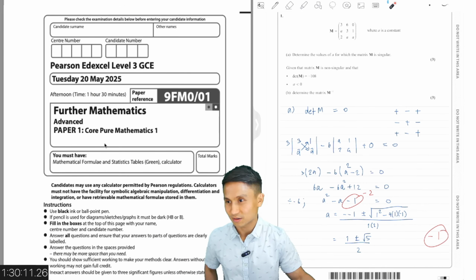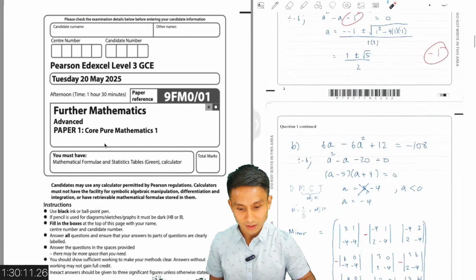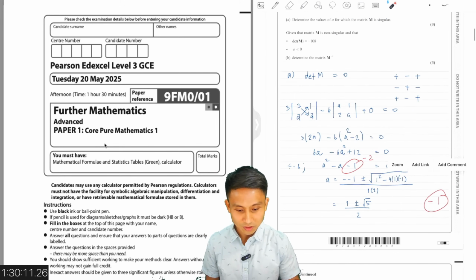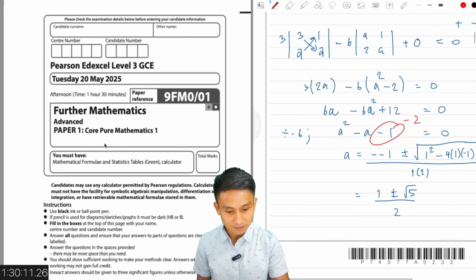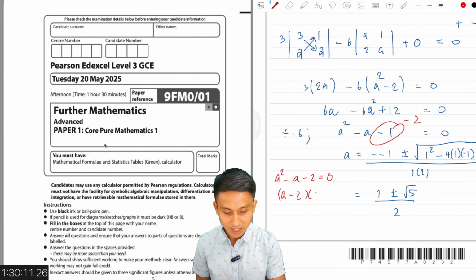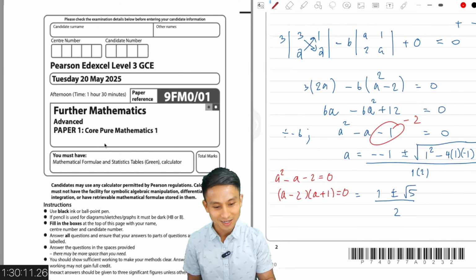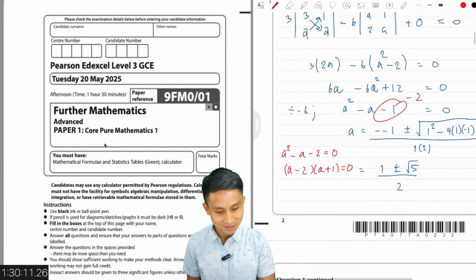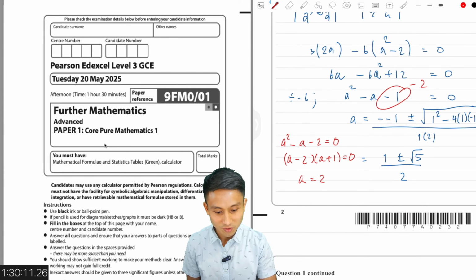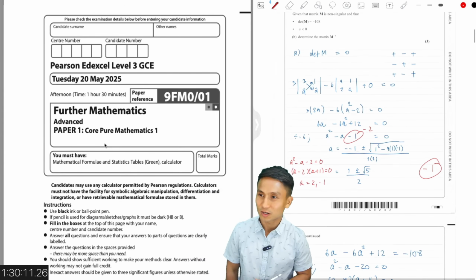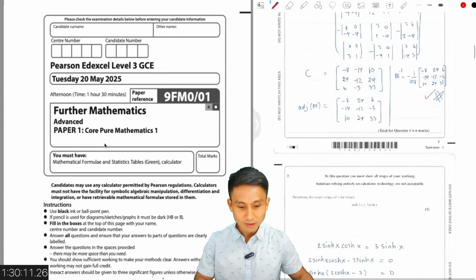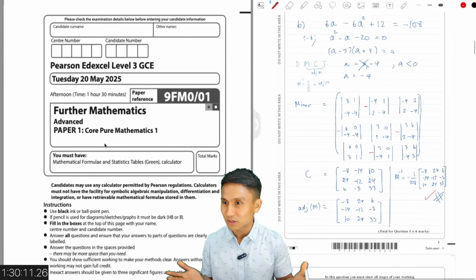If we correct that, it should be a squared minus a minus 2 equals 0, and that's just a minus 2 and a plus 1. I just didn't have any second thought for that. I just went for that route, so a is 2 and minus 1. So I lost a mark there. Everything else is fine, including the inverse, at least, thank God.